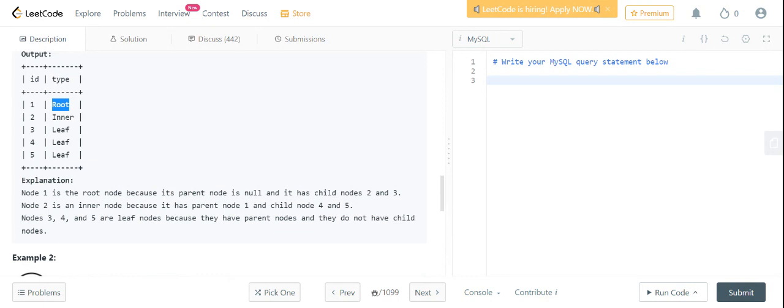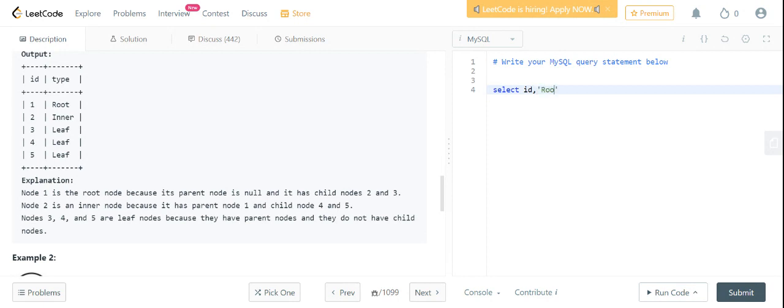So if I have to write the logic for that, we will have to write three pieces of logic: one for root, second for inner, and third for leaf. Let's start with writing the logic for the root node. Just select id, since in the output I have id and type.